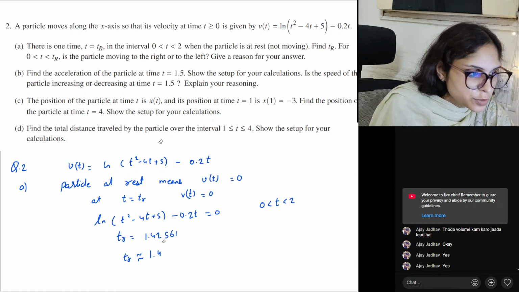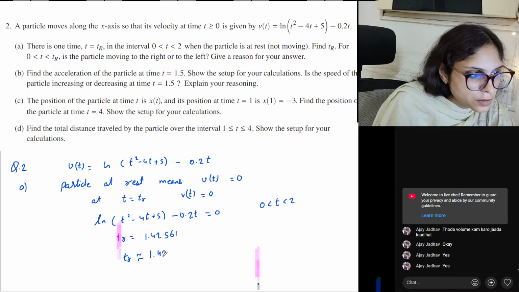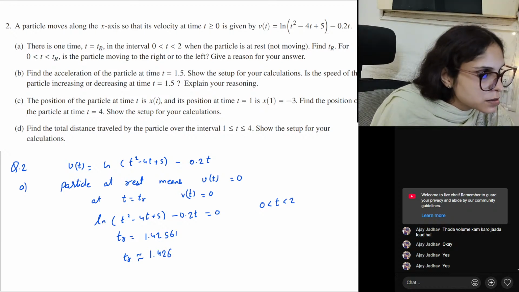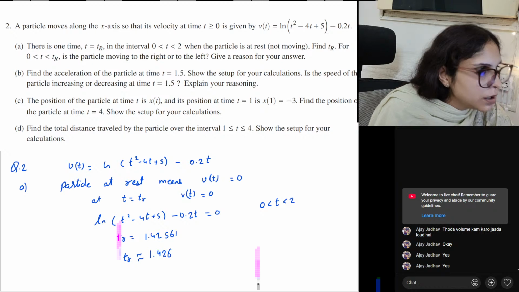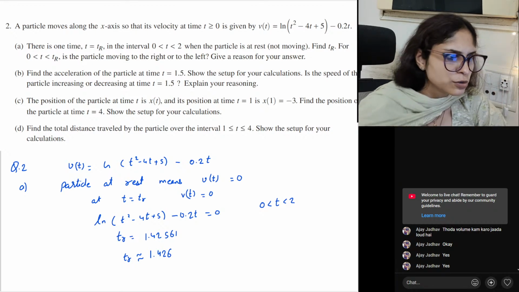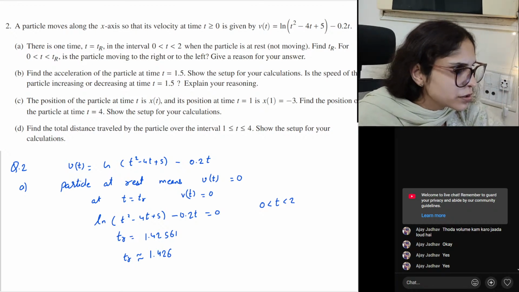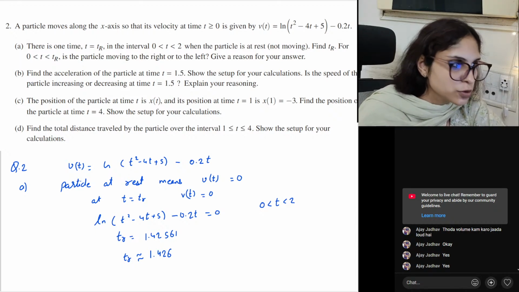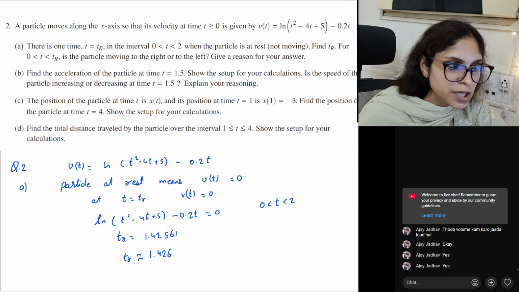Let's round to the thousandth place: 1.426. And they haven't told us whether the time is in seconds, hours, or minutes, so we will not write any units for this. They're also not asking for any units in the question.